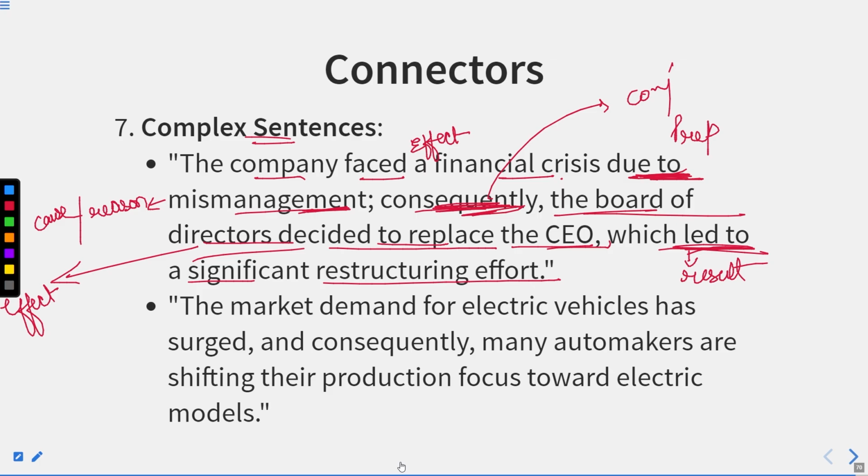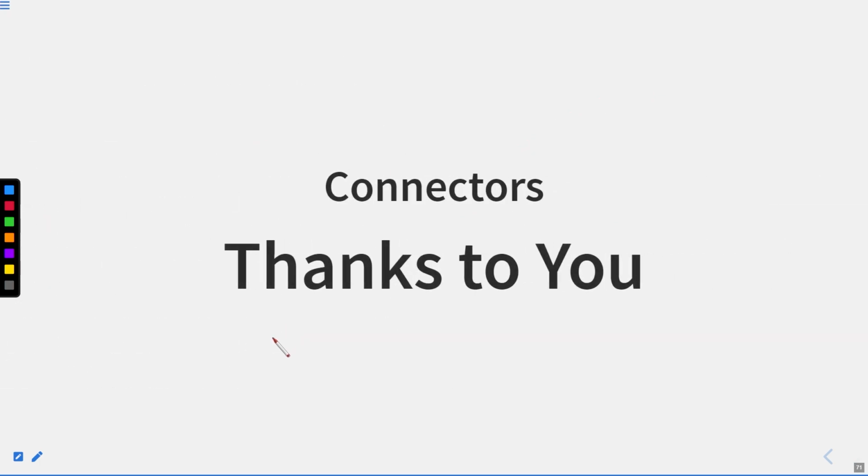The market demand for electric vehicles has surged, and consequently, many automakers are shifting their production focus toward electric models. Again, in this sentence, the market demand for electric vehicles has surged. So this is one thing, the reason or cause, and consequently, many automakers are shifting their production focus toward electric models. So this is another result. Okay. So when something happens because of something else that has happened, we write various results and reasons together in a single sentence.